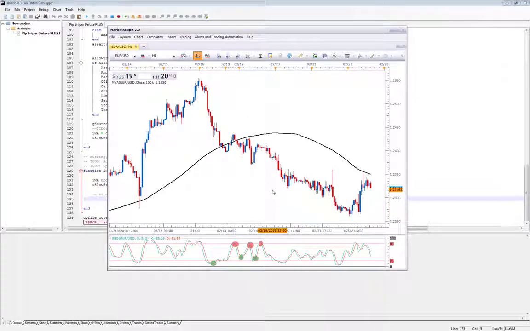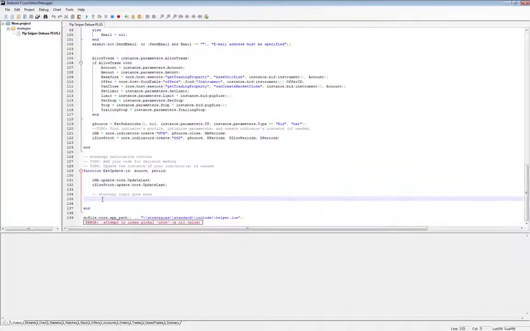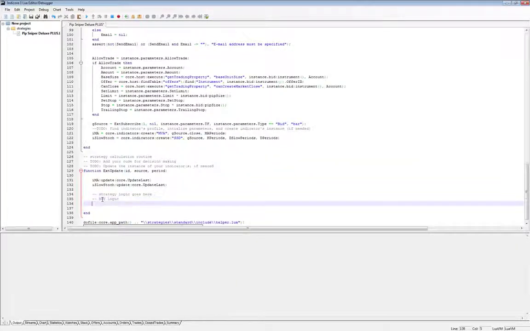So let's put this logic into English first inside our code. Let's start with the buy logic. First we need to make sure price is above the moving average. So if price is above the moving average, and K crosses above the D line, we're going to buy.